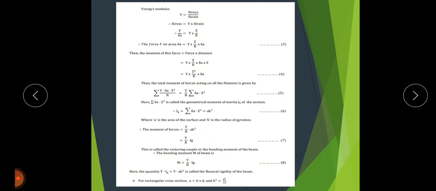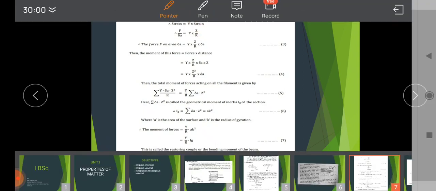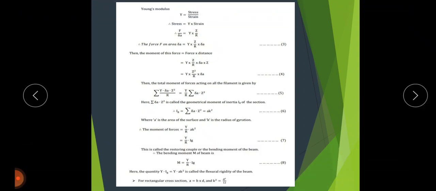Next, we know that Young's modulus of the material can be expressed as stress divided by strain, or stress can be written as Young's modulus times strain. We know that stress is equal to the force applied per unit area.